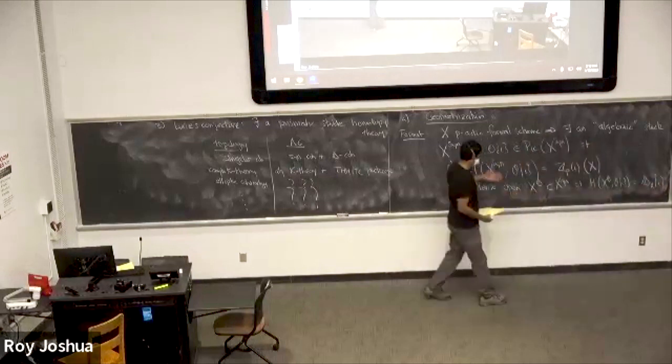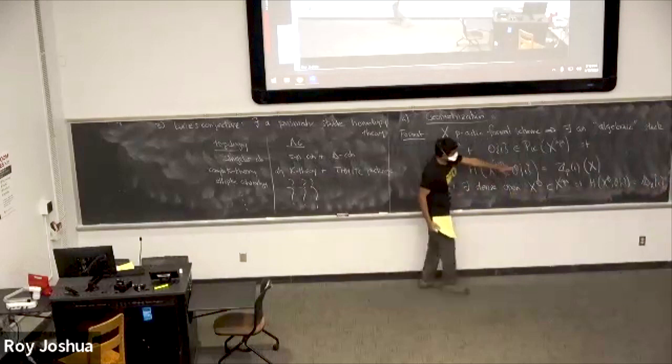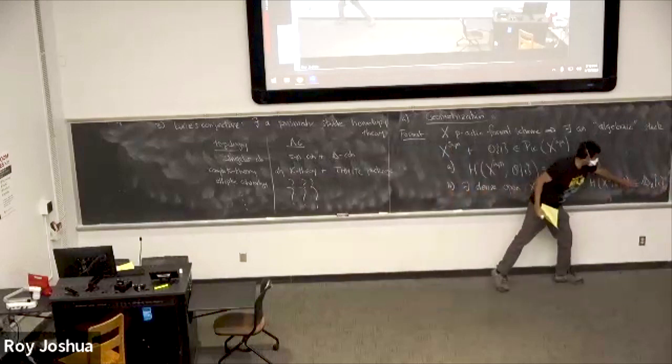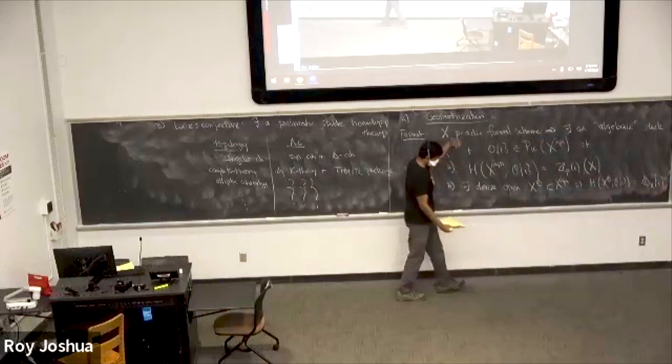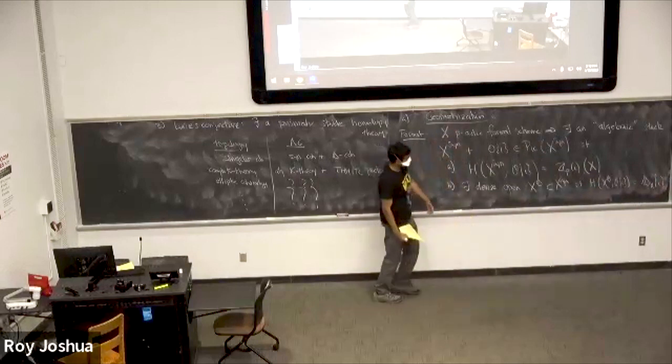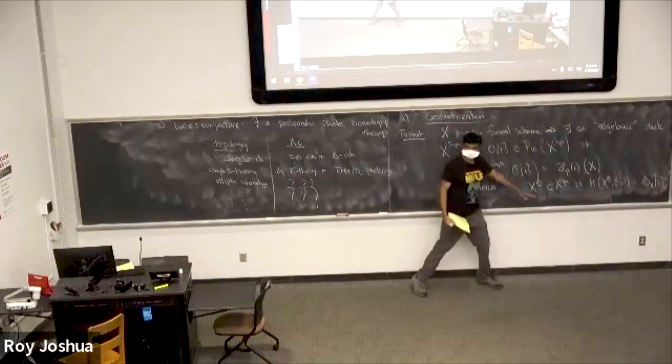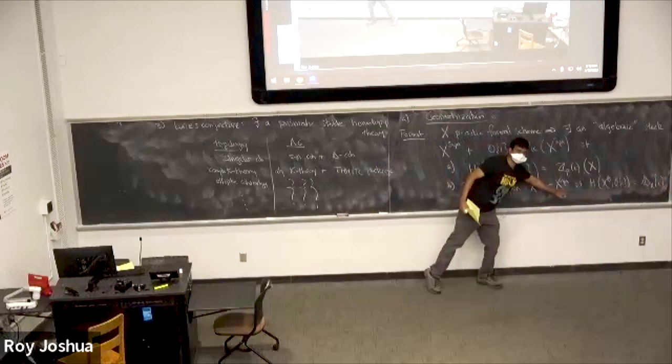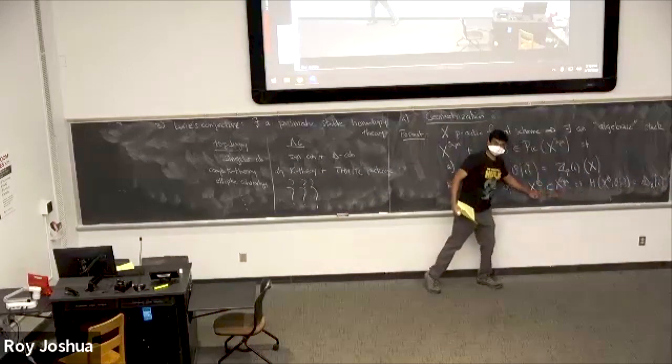So from the stacky perspective, the fact that syntomic cohomology was defined using prismatic cohomology, you have the map from syntomic cohomology to prismatic cohomology, becomes a restriction map. You're taking cohomology classes on this compactification and restricting it to the thing you're compactifying.